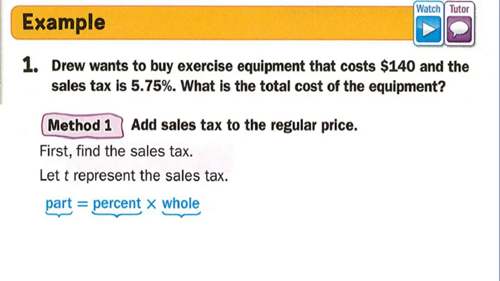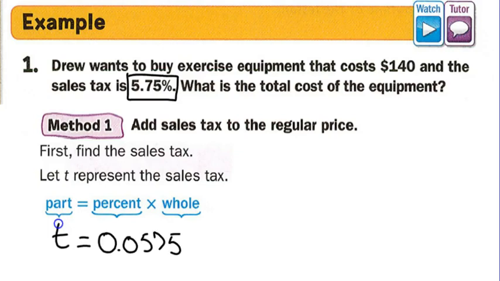So let's find the sales tax. We're going to let T represent the sales tax, all right? So in this case, T is our tax here. The percent that we're paying is 5.75%, but we're using an equation format, so we always want to turn that into a decimal, 0.0575, and we'll multiply that by our whole amount, which was the original sale price of $140.